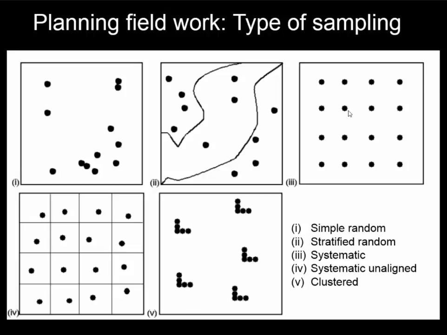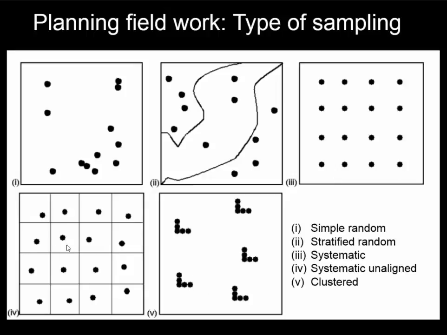Another is systematic sampling, a pattern that assigns a sample point to positions at equidistant intervals, for example, all grid intersections.